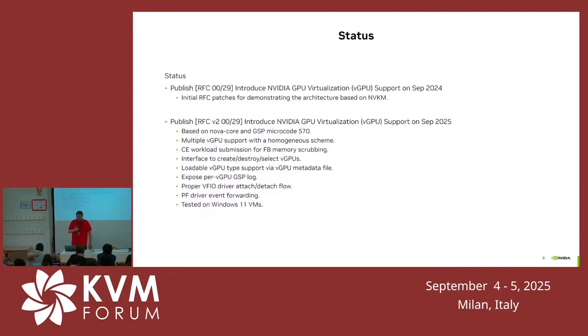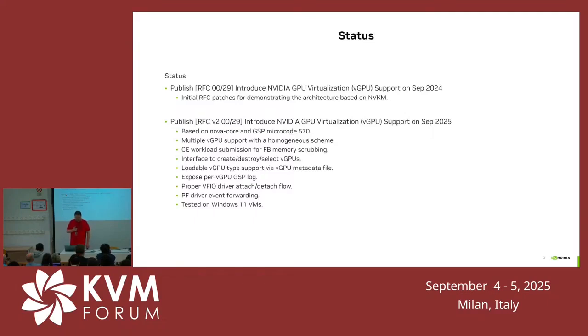We are going through new areas, like a C driver module calling into a Rust module in the kernel. There is a lot of leftover work to be done, and we need to work with the Rust community. This RFC also supports multiple vGPUs. In the first RFC, for demonstration purposes, we only supported one vGPU, but this one supports multiple.